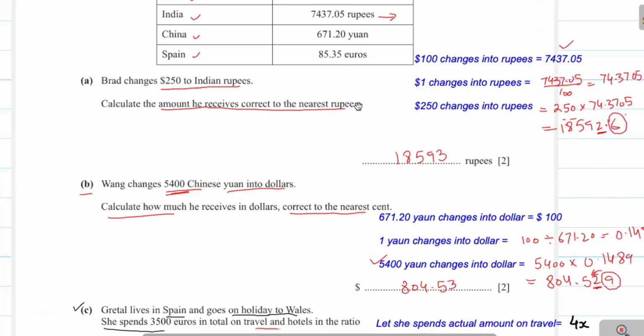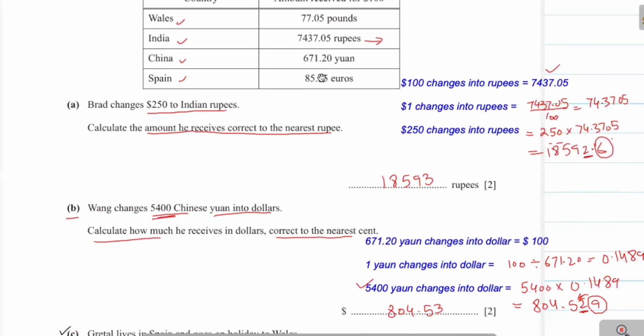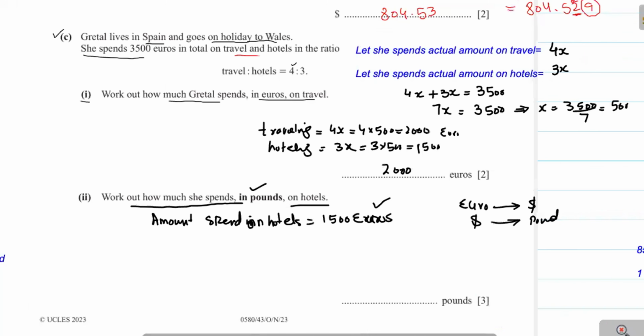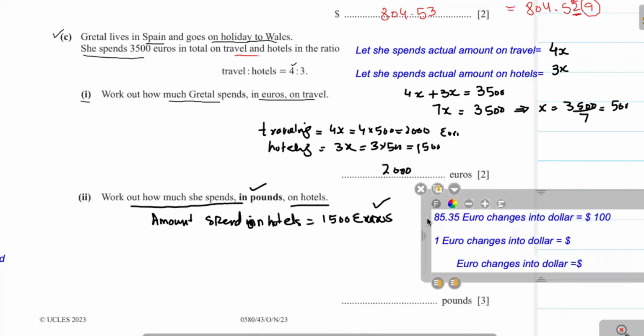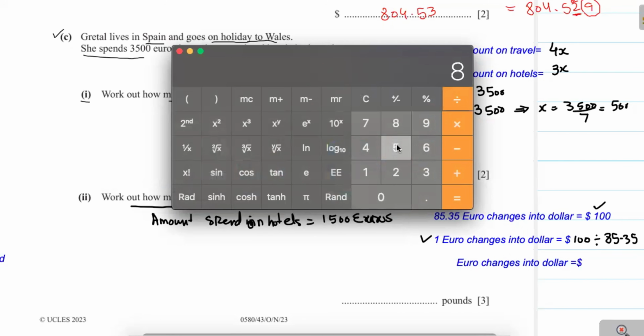Now you see here $100 equal to 85.35 euro. Now we write here 85.35 euro changes into $100. Therefore, 1 euro will be equal to $100 divided by 85.35, and this is the rate of 1 euro into dollars, and this will be equal to 1.17.